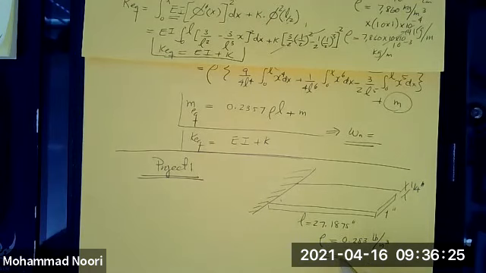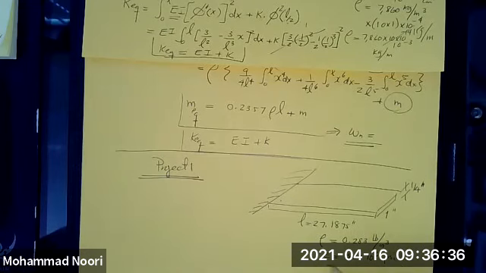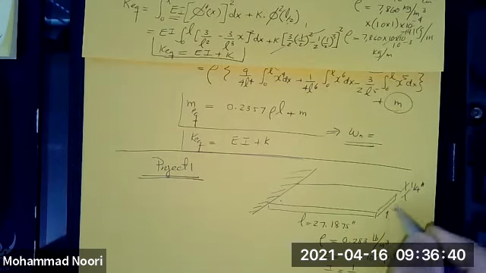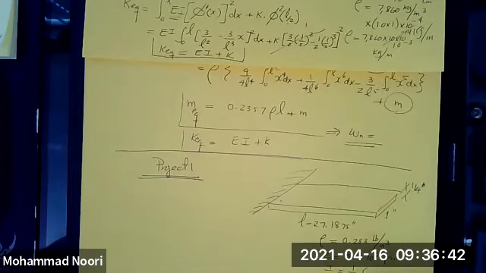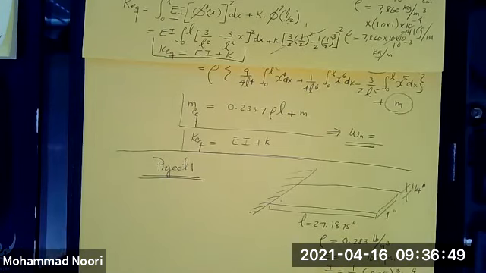E is 30 times 10 to the 6 PSI, and I is 1/12 B H cubed, where this is B, this is H, which would be 0.25 cubed inch to the 4th. So this is what I want you to do.